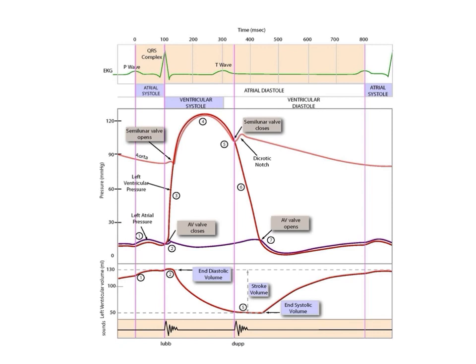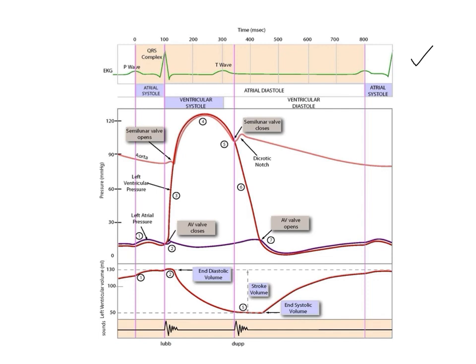Here is a diagram that a lot of you may be familiar with. It's called the Wiggers diagram in most places, but it shows up in a lot of books. It shows us the EKG, which is very helpful. It breaks down systole and diastole for us.